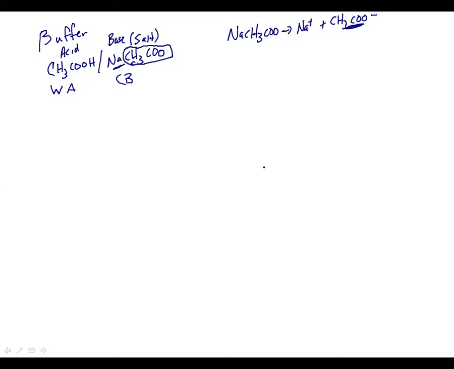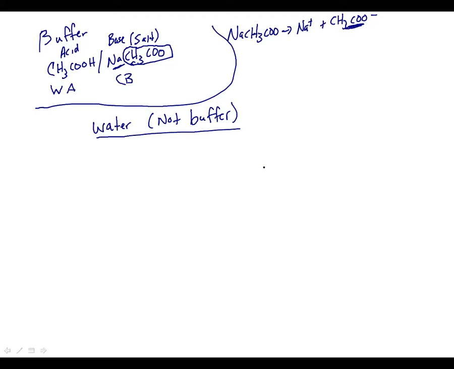So if we take water, which is not a buffer, and add hydrochloric acid, which is a strong acid, what I'm going to get is H plus and Cl minus. And again, 100% of what I'm going to have in that solution is H plus and Cl minus.